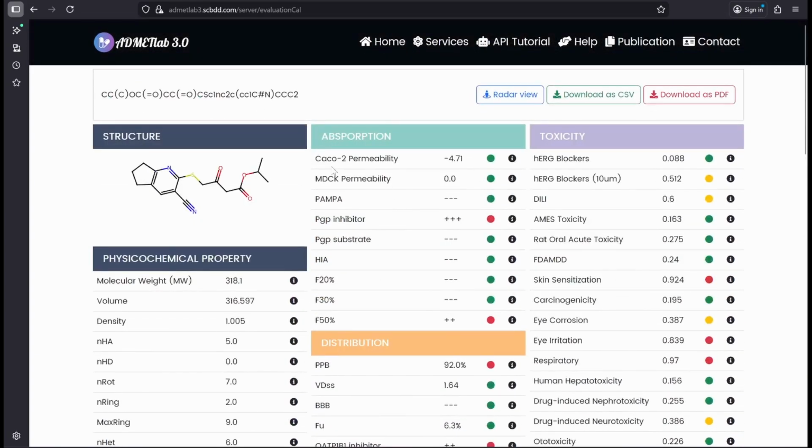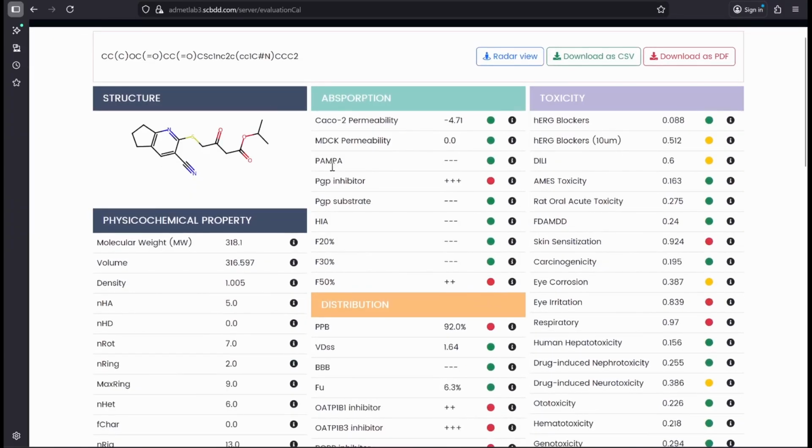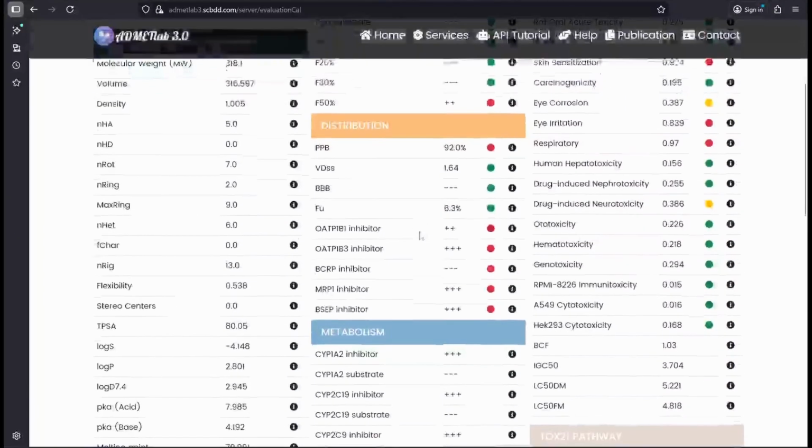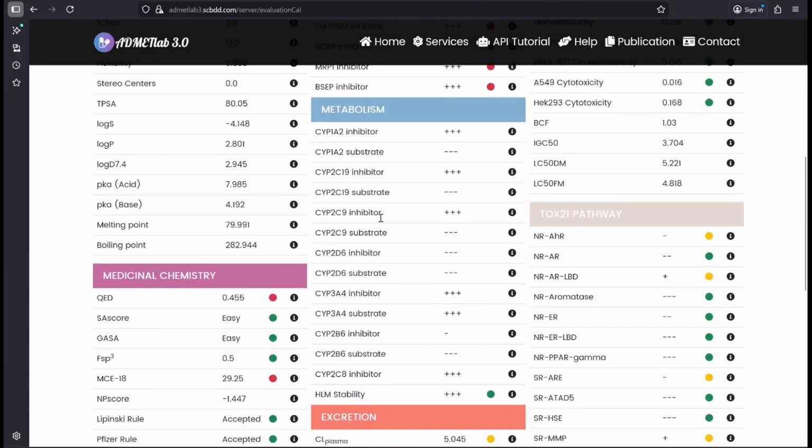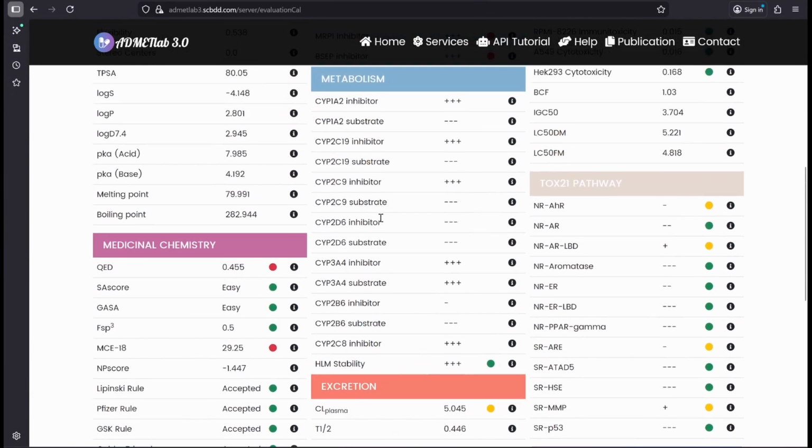For example, in absorption, we will have a Caco-2 permeability estimate, MDCK permeability estimate, and so on. In distribution, we will have the volume of distribution, blood-brain barrier penetration, and plasma protein binding, which will also determine how much of the drug you will have free in your plasma, so how much is not binding to particular plasma proteins. We'll have different cytochrome P450 inhibitor or substrate information.